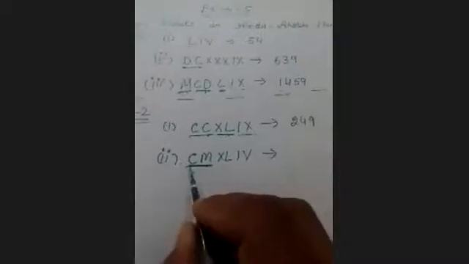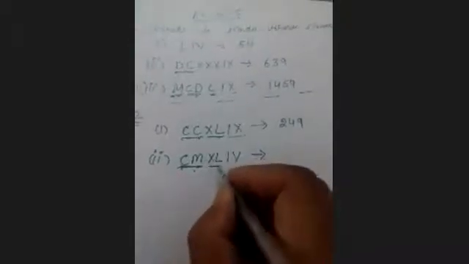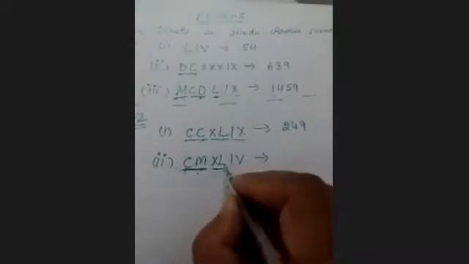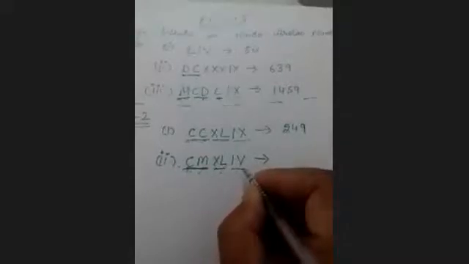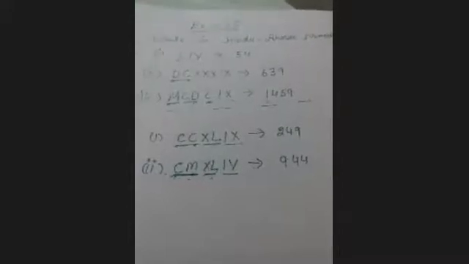XL means 50 minus 10, 40. Then IV is 4. So the number is 944. Clear, students?